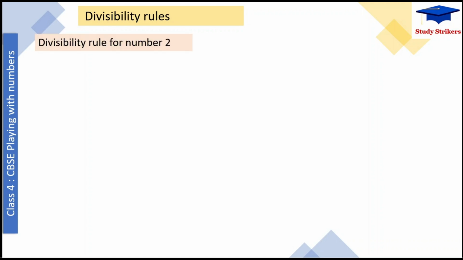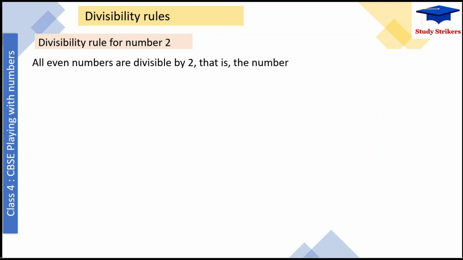So we have the divisibility rule for number 2. All even numbers are divisible by 2. That is, numbers ending with 0, 2, 4, 6, 8 are divisible by 2.